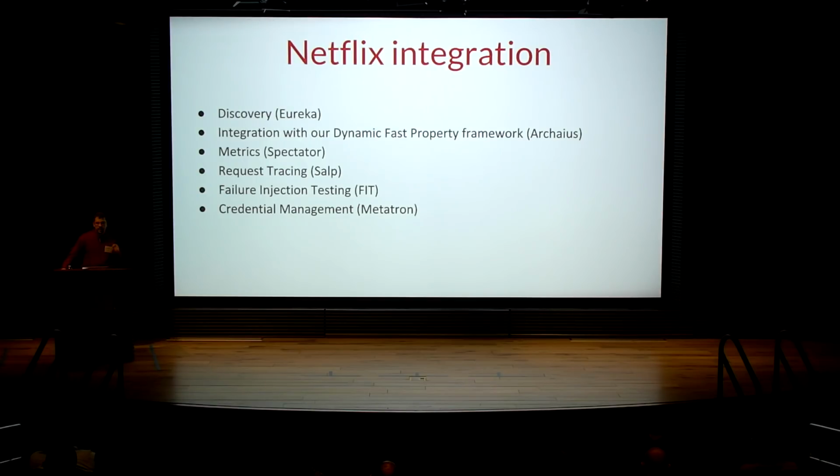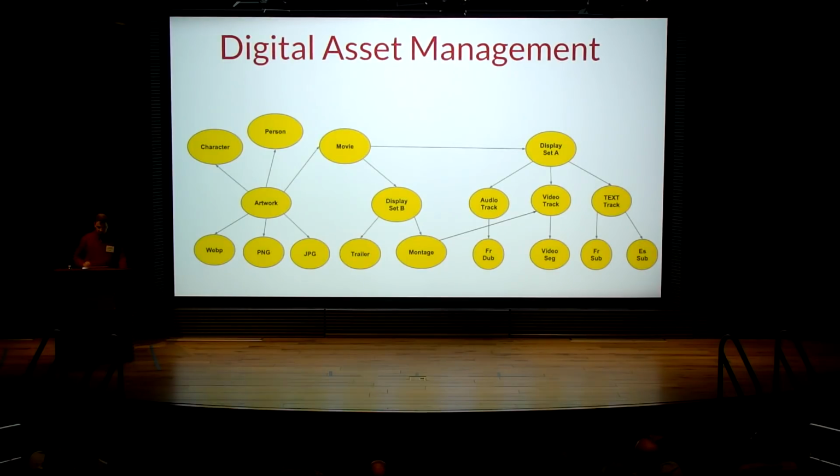The fifth thing is that inside Netflix, we are very proponents of chaos engineering and producing failures in order to determine if our services can work under failures. Therefore, we wanted to integrate that inside the Janus Graph domain, and that's why we integrated with Failure Injection Testing, FIT. The sixth is we want to make sure our assets are secure enough, and therefore we integrate with our own credential management framework, called Metatron.